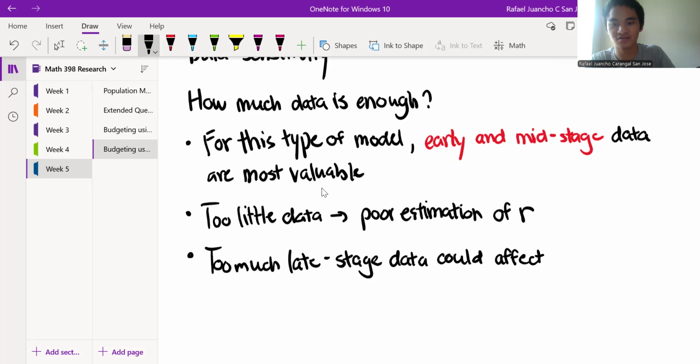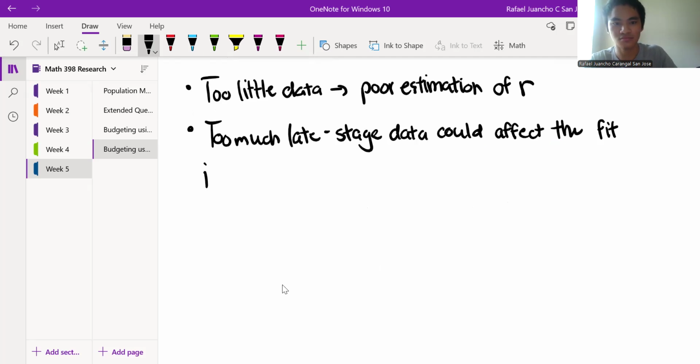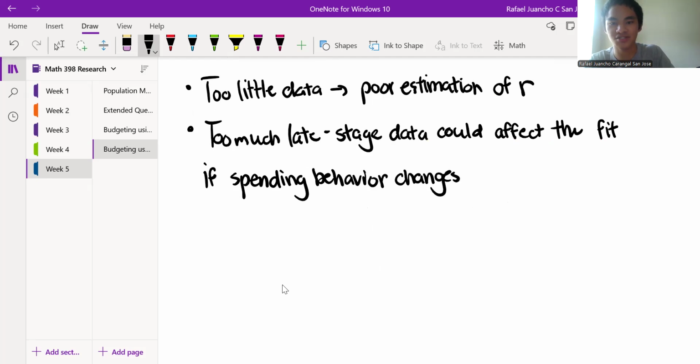Or it could affect the fit if the spending behavior changes. So like, I don't know, panic spending, panic buying.